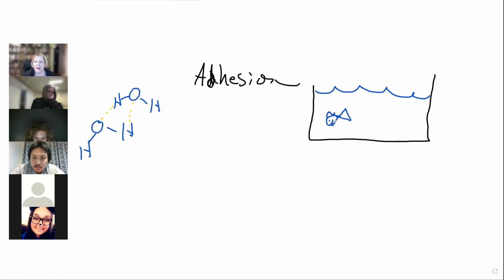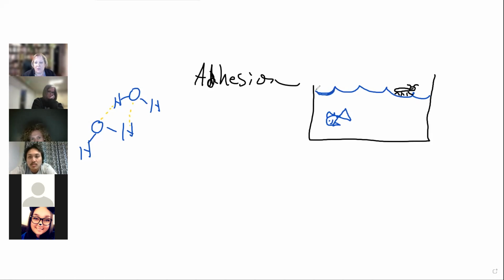Now, if you've ever been to a pond, you may have seen a bug that can walk on water. Okay. You guys ever remember seeing these guys? They have their legs all splayed out and they can walk along on the water. Okay. The reason being is because of adhesion.